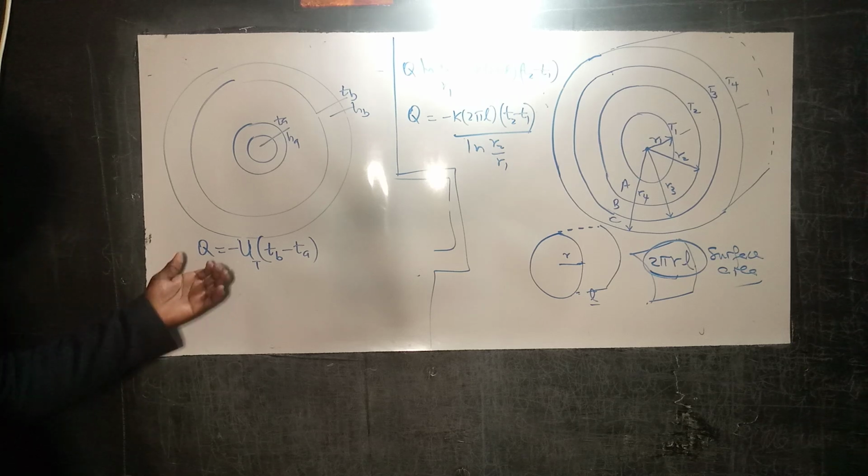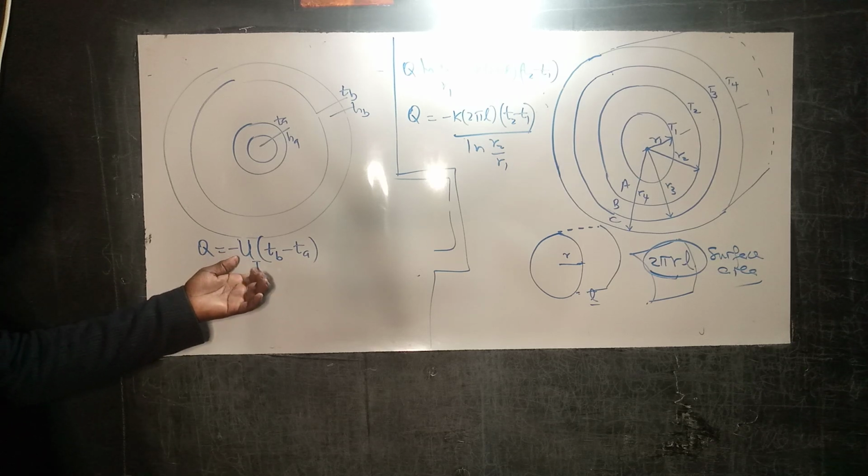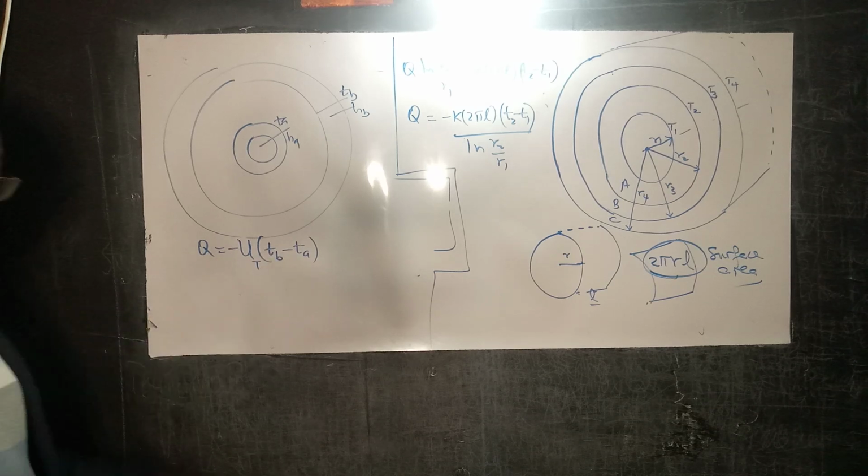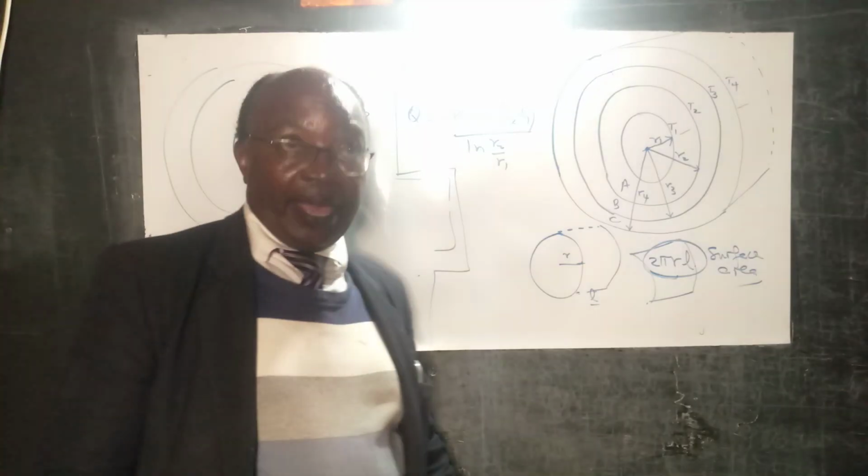The overall heat transfer would simply be minus UT, overall heat transfer coefficient, times the change in the temperature.